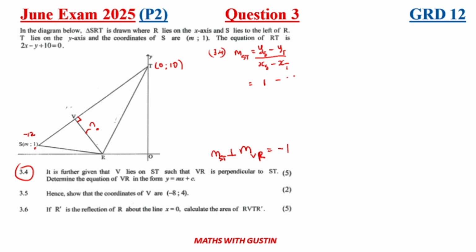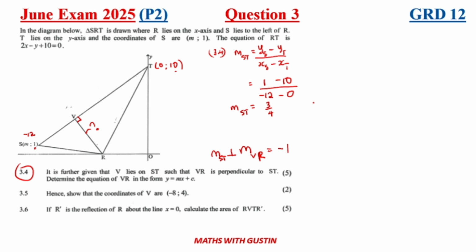It's 1 minus the y here, which is minus 10, all over x at S, which is -12, minus 0. So therefore the gradient of ST will be 3 over 4.